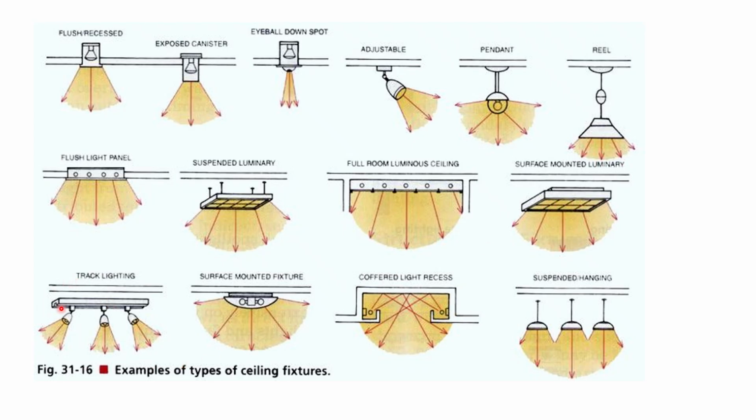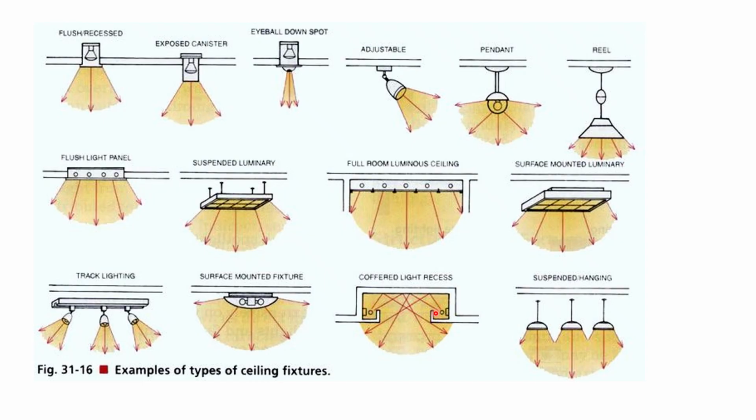The track lighting system, in a track we have three spotlights connected and they can be moved also according to the direction where the light is to be thrown. This one is a surface mounted fixture and coffered light recess. Here coffering is used. Coffered space.